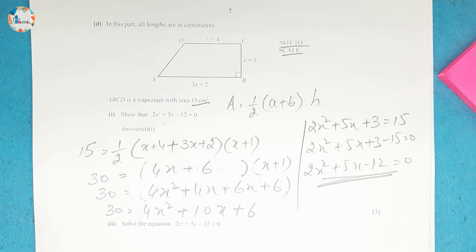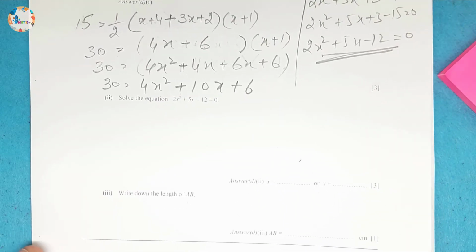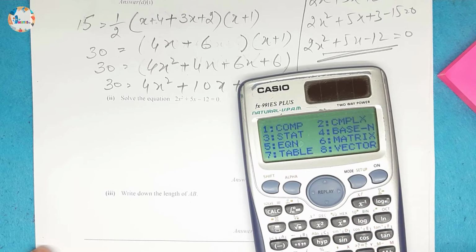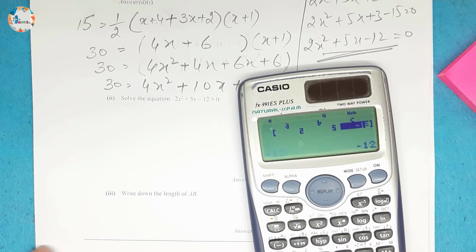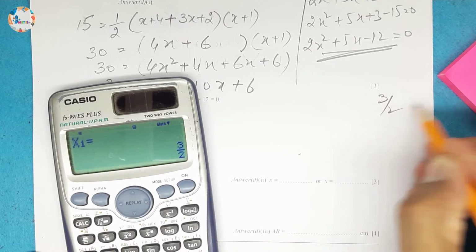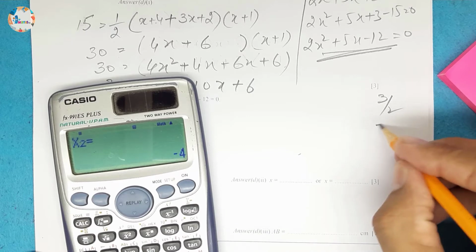So solve the equation. Now we just have to solve this quadratic equation. We can use mode 5 3 again. We will try first. So the coefficient of x squared will be 2, coefficient of x will be 5, and constant will be minus 12. So the first value is 3 by 2, and the second value is minus 4.